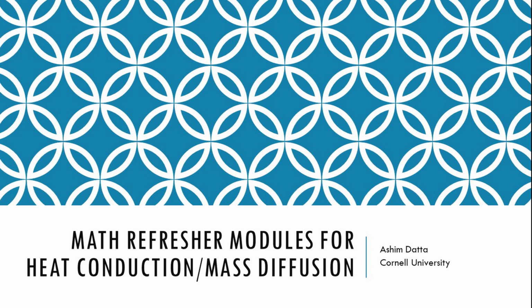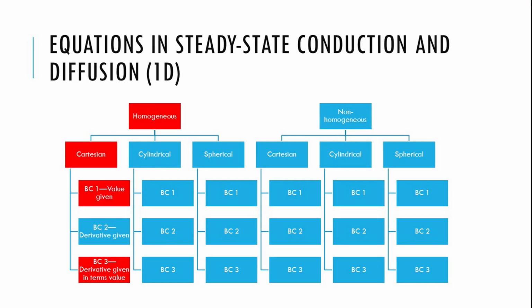This and a few companion short videos are meant to refresh the math that might have been forgotten because it was taken some time ago, math that would be useful in a heat transfer course or a diffusion related course.